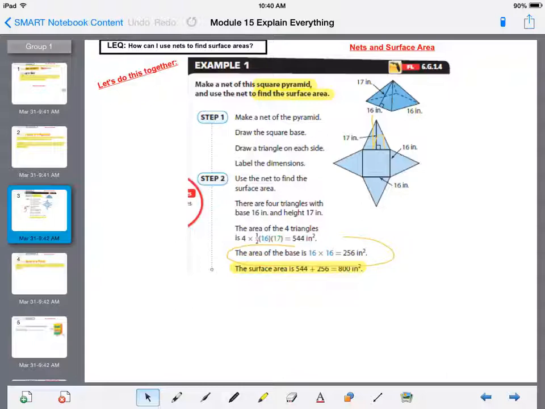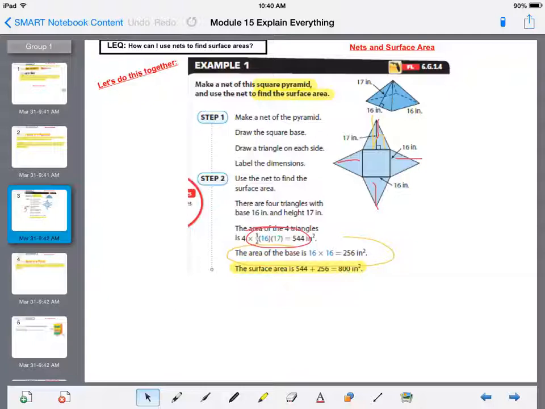So we know the area of a triangle is half base times height, so we would do half of 16 times 17, which we would then multiply by 4 because there are 1, 2, 3, 4 faces.